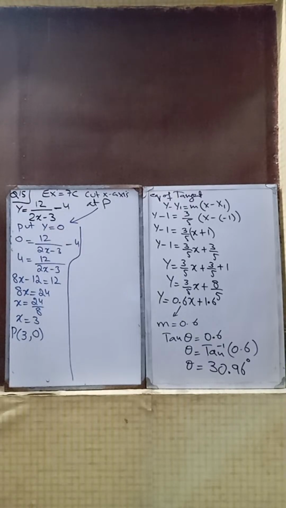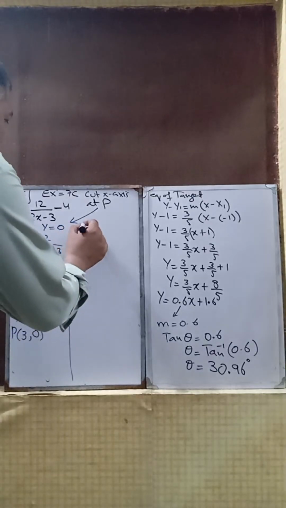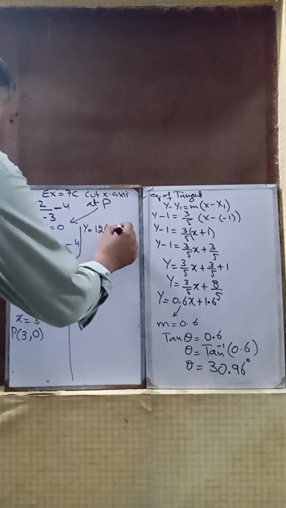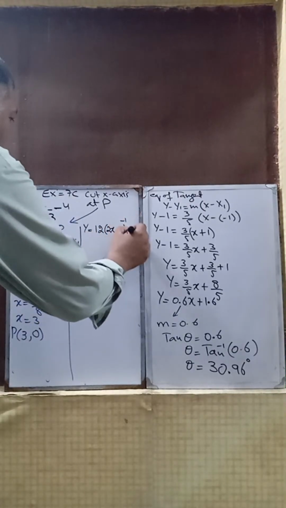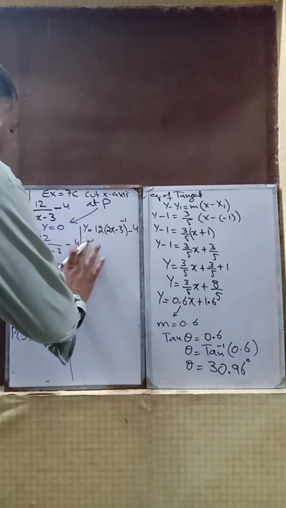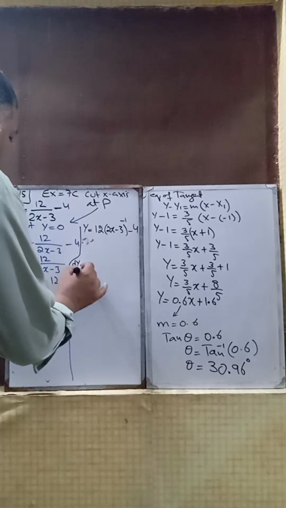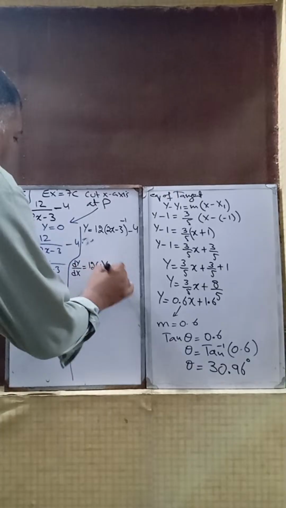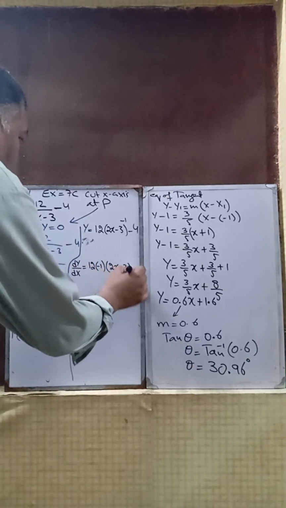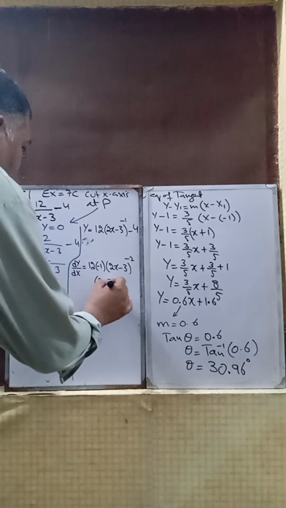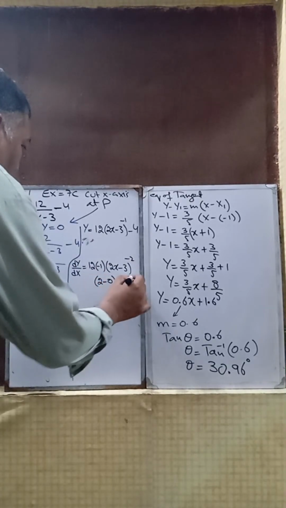So first of all, you see this is y equals 12, and I will bring this upstairs: 2x minus 3, whole raised to the power minus 1, then minus 4. Then I will differentiate this. dy by dx will be equal to 12 into minus 1 into 2x minus 3 raised to power minus 2, then the derivative of 2x is 2, the derivative of minus 3 is 0, and the derivative of minus 4 is 0.